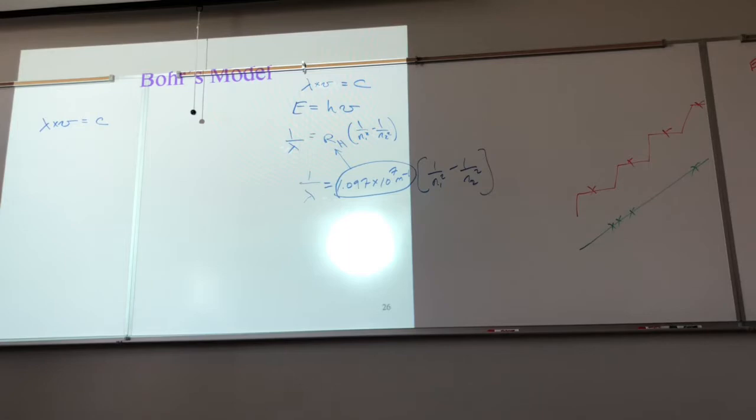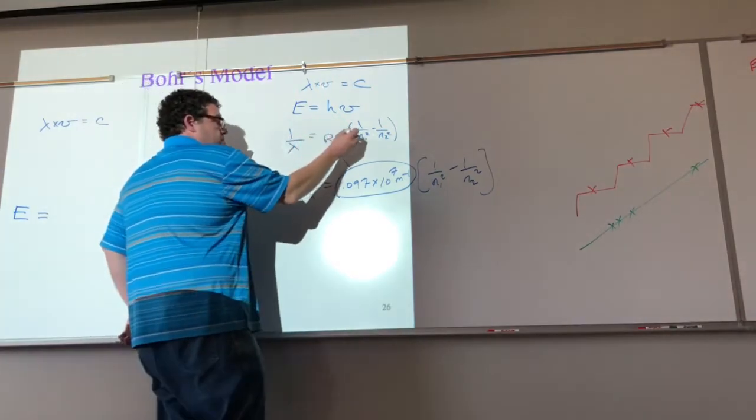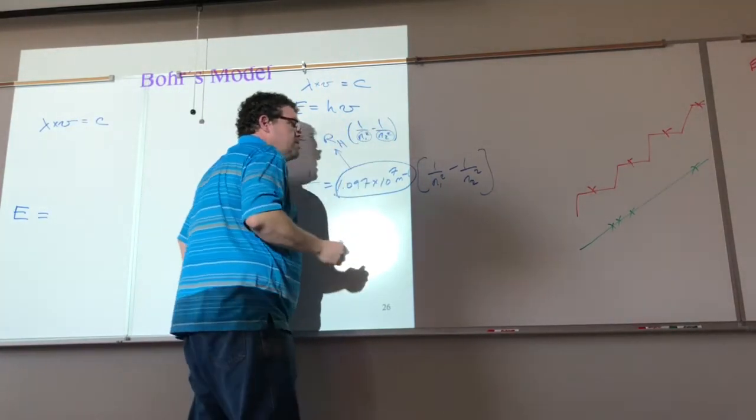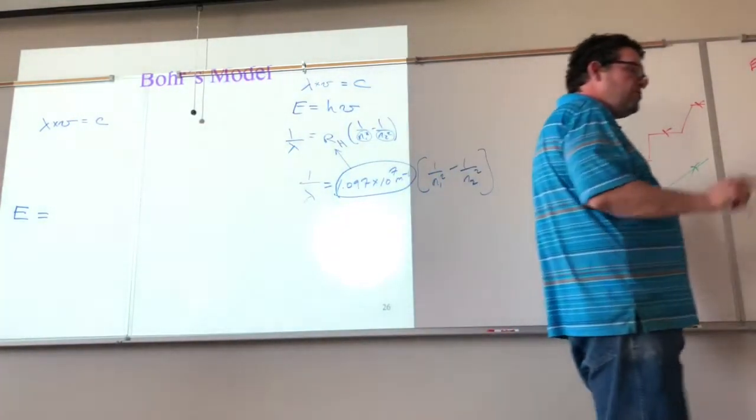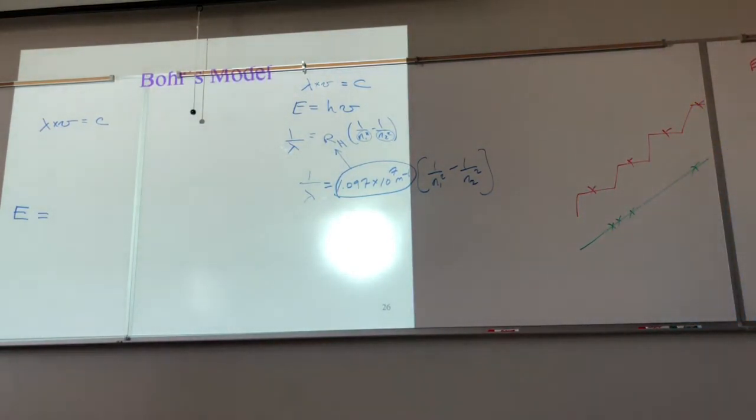Okay, now this is what I want to do. I want to get an equation where I have energy on this side, and on the other side, I want to have these n values. Now, I haven't said this yet, but those n values have to be whole numbers, like 1, 2, 3, 4, 5, in order for the math to work out. What do you think those numbers correspond to?